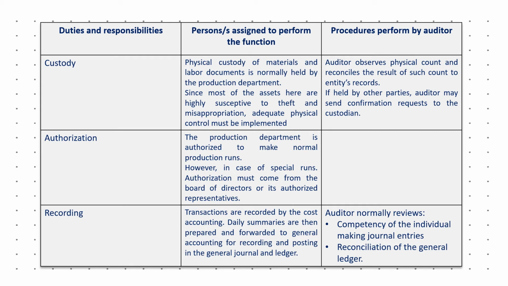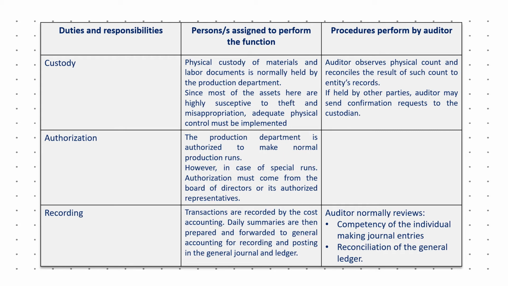So now for the authorization, the production department is authorized to make normal production runs. So they are authorized kasi when the moment they request that items that will be converted, it will be sent to them through material requisition form.